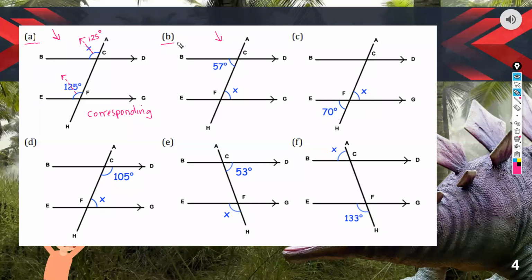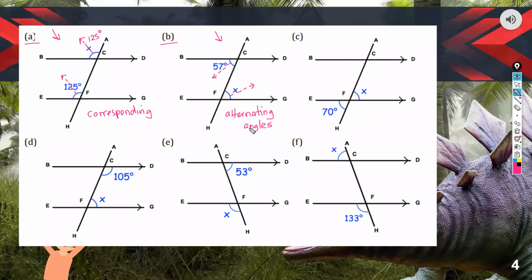For part B, this eye is looking this way, and this eye is looking the other way. So look at the arrows. Both angles are looking in the opposite direction, and they cannot see each other because of the wall. So to me, these are alternating angles.